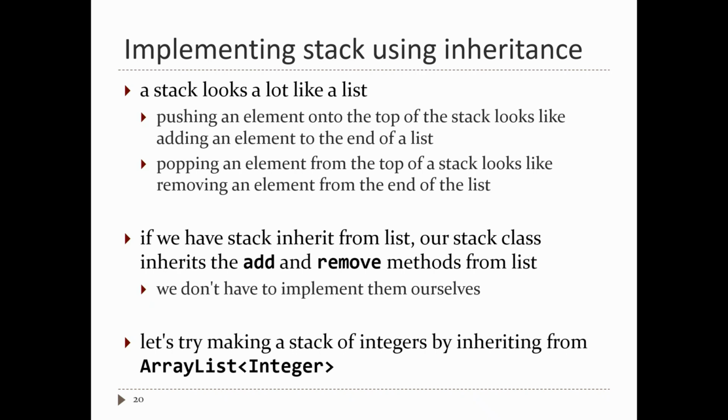And we know how to add and remove from the end of a list. So you can implement stack by inheriting from something like ArrayList. If you want a stack of integers, one way to implement it is to inherit from ArrayList, and it's dead easy to do.